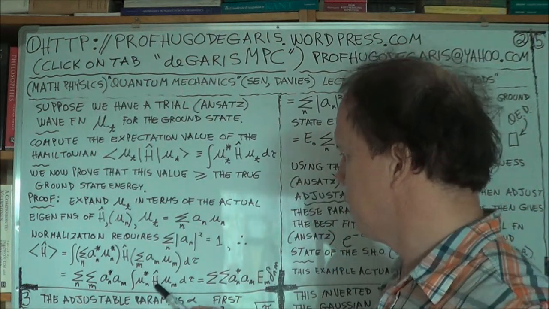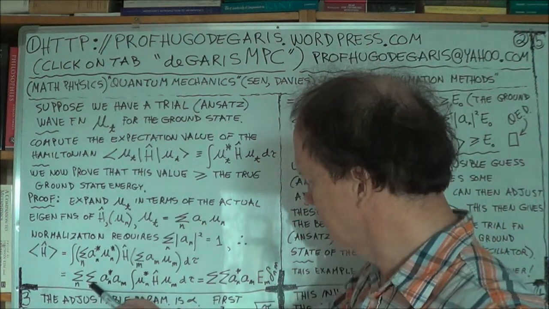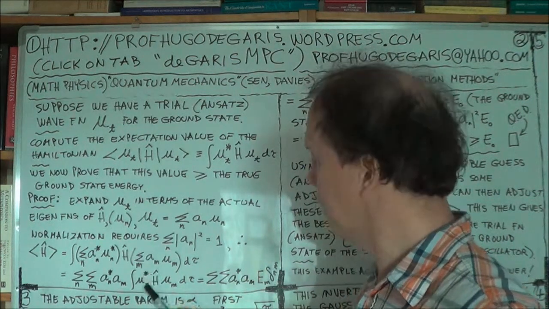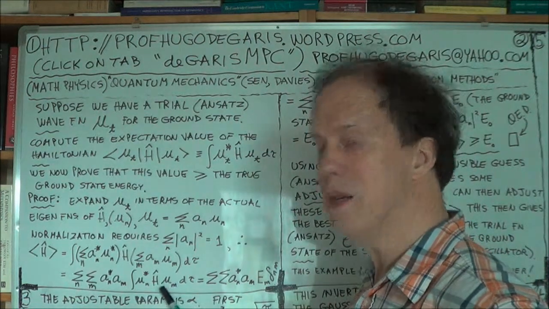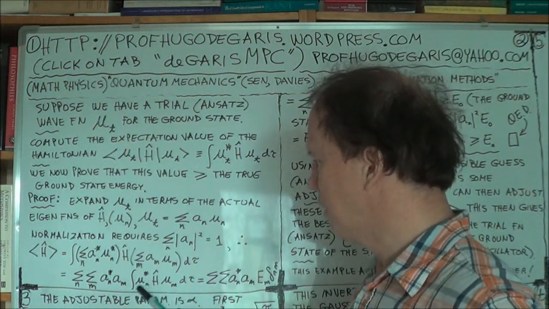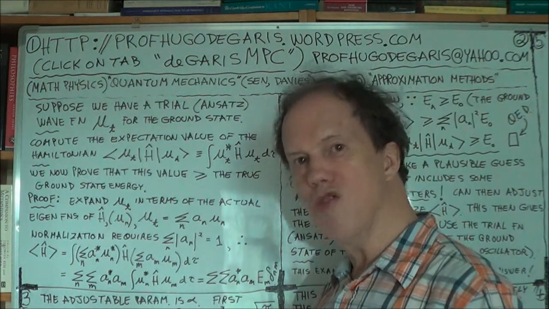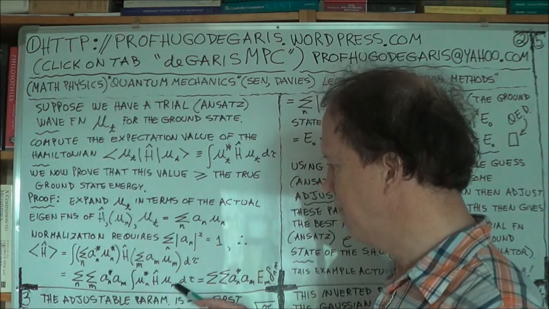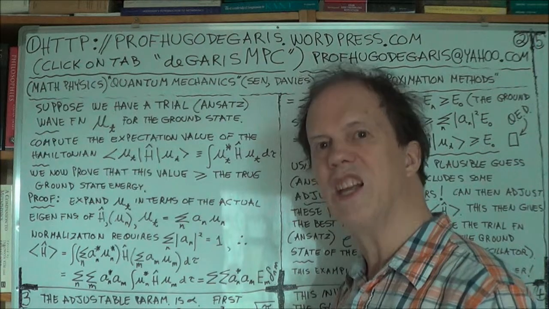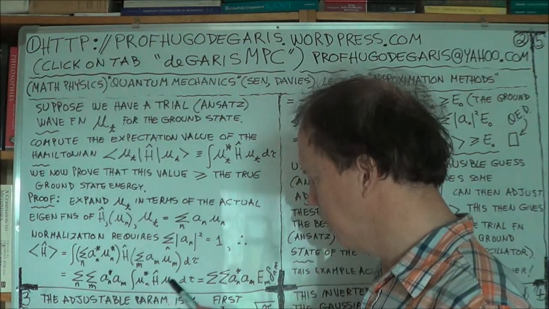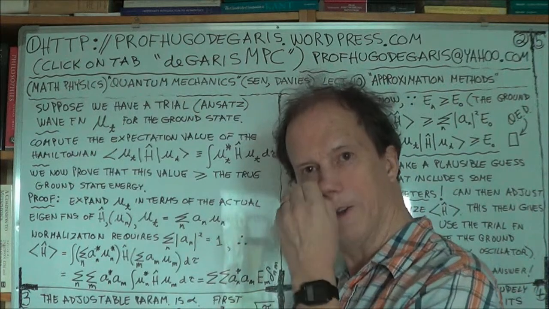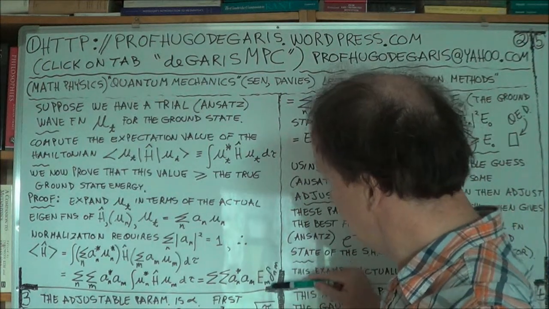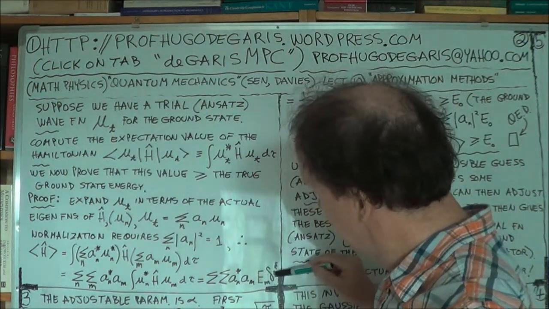The Em is a constant that can come outside, and then you're left with the integral of un star um dx. These are eigenfunctions of the operator, so they are orthonormal, orthogonal and normalized. So the integral will be a delta function, delta nm.